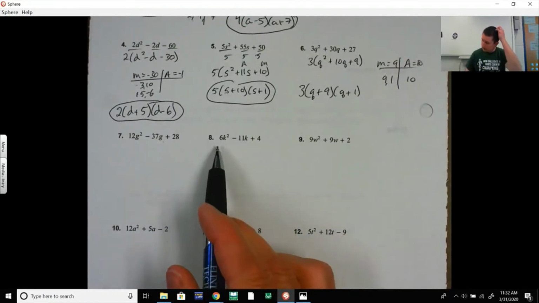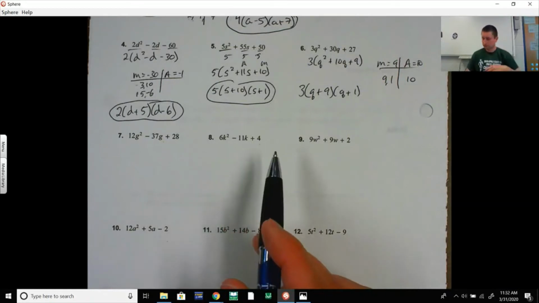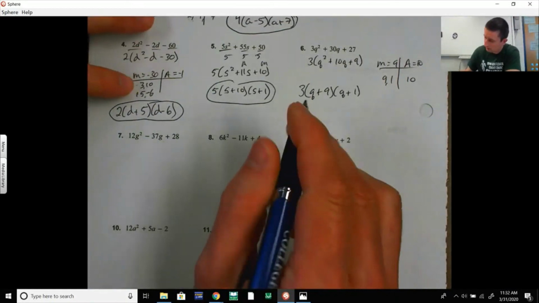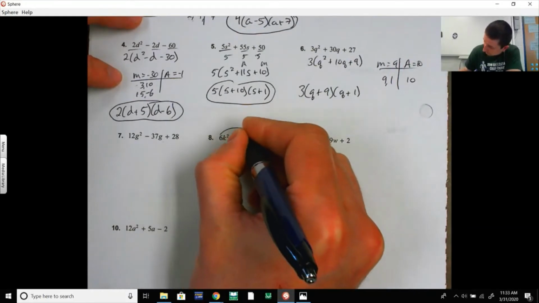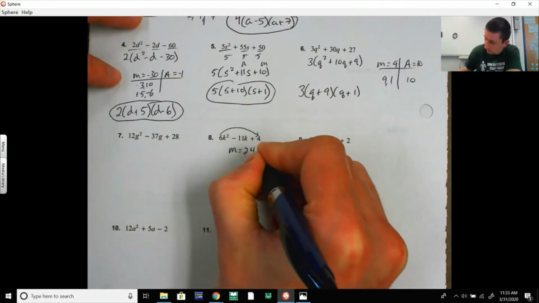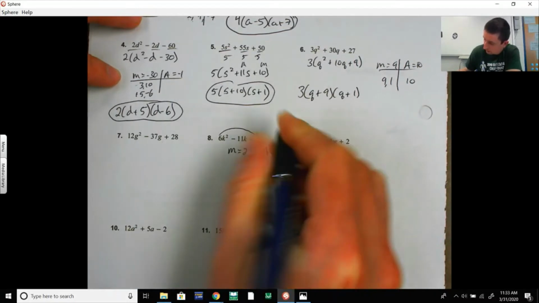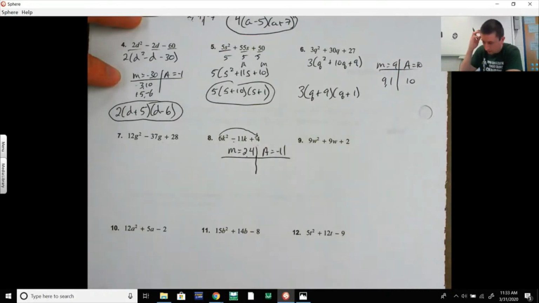Number 8, we have 6, negative 11, and 4. So it has to be common in all three. There is nothing. They're all relatively prime to each other. So I'm going to take the 6 times the 4, and I need to find numbers that multiply to 24, and then they add to negative 11. So 6 times 4 is 24. And they have to add to that middle number, negative 11.